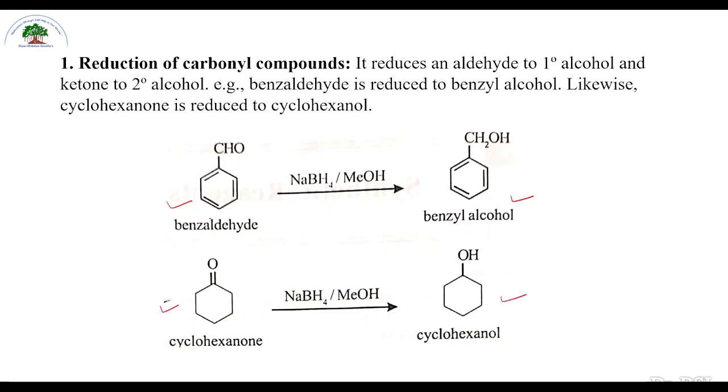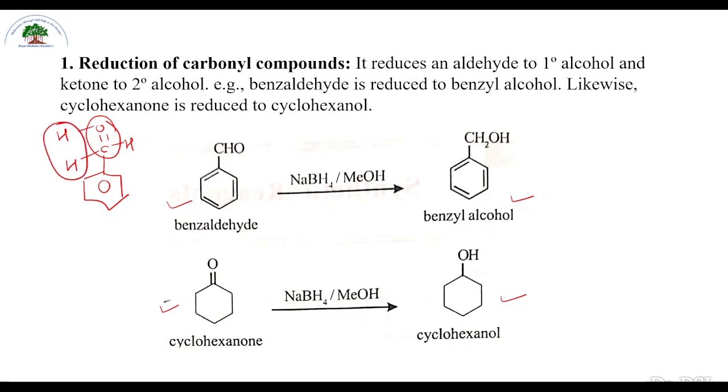Here, these are the two examples where benzaldehyde is reduced to benzyl alcohol. See what change has been made. This is the structure of benzaldehyde. Only this carbonyl has been changed to CHOH.